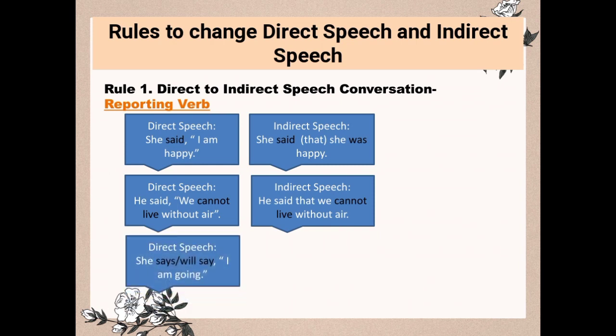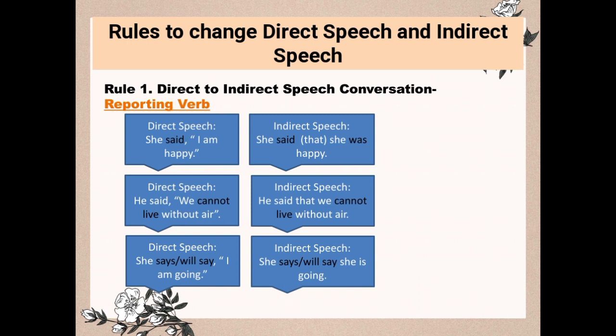Next, the tenses of direct speech do not change if the reporting verb is in the future tense or present tense. So she says or will say, I am going. So it is a future tense or a present tense. In the indirect speech, she says or she will say she is going.